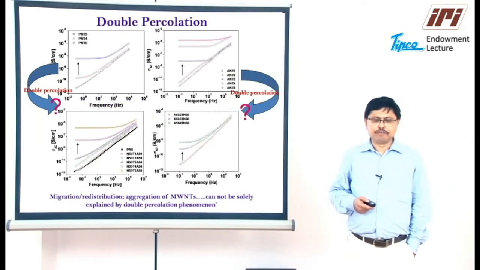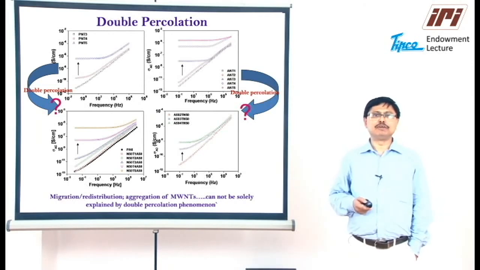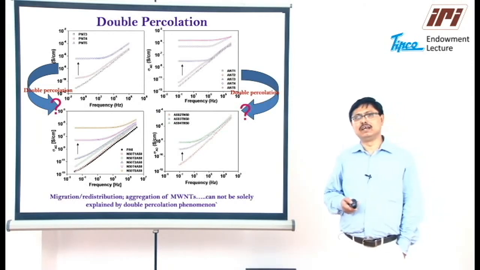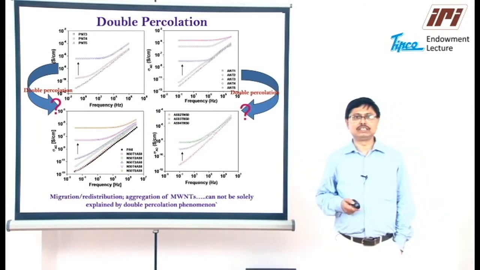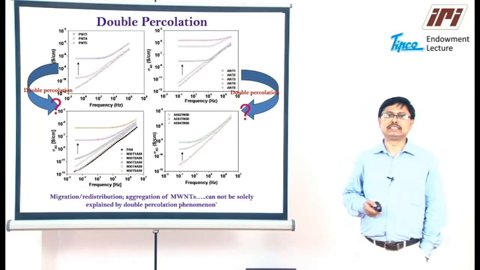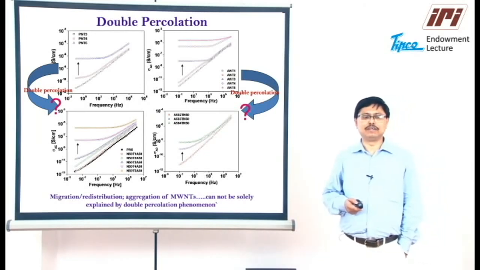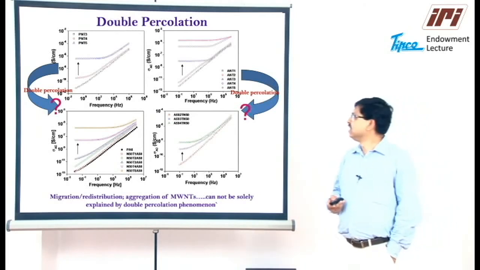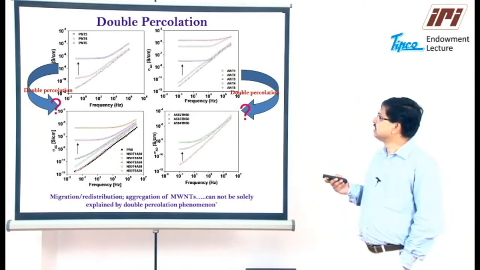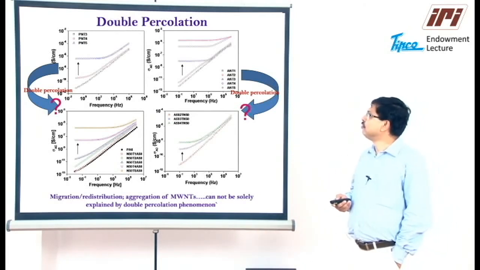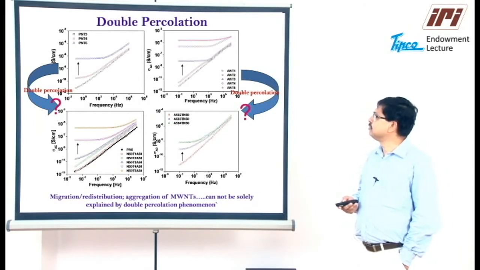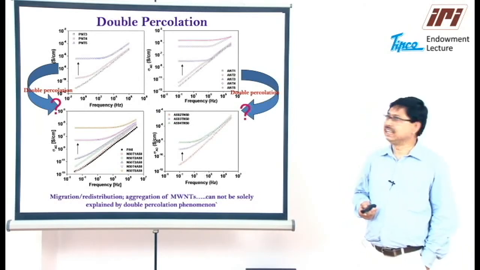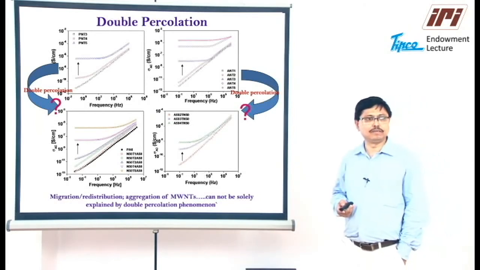So in order to find out whether this double percolation phenomenon is being followed in this particular system, the blend system here is 50-50 polyamide 6 ABS. Before going into that, we also found that there is a percolation threshold of 4 to 5 weight percent in the case of injection molded pure polyamide 6.